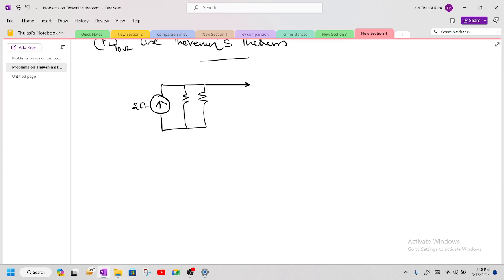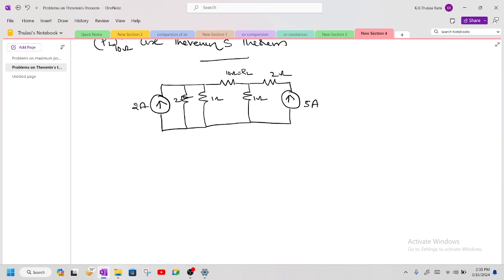And this is one more branch given to us, and this is another branch, and this is another branch. And a current source is given to us. This current source is of 5 ampere. This is of 2 ohm. This is of 1 ohm. This is of 10 ohm, which is nothing but the load resistor, and this is of 1 ohm, and this is of 2 ohm.